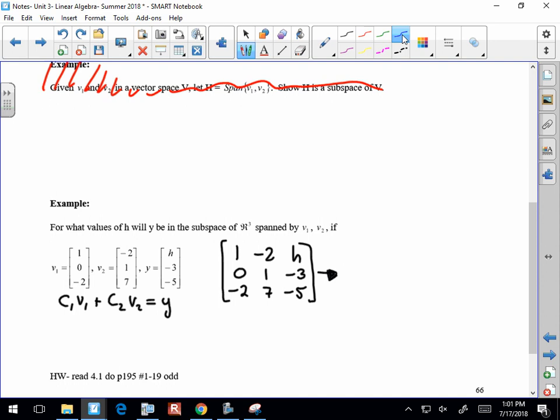All right, so I need the 2 on the bottom to go away, so 2 R1 plus R3. So 0, 3, 2H minus 5.